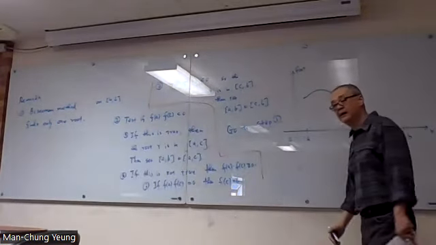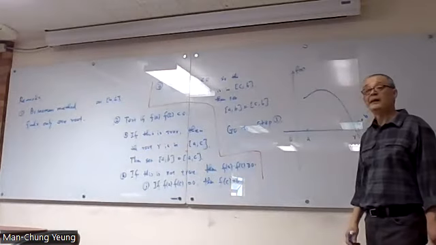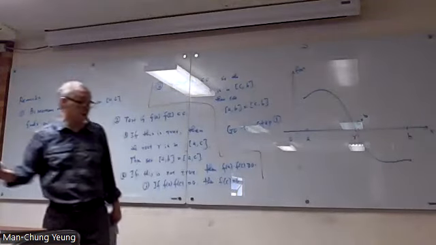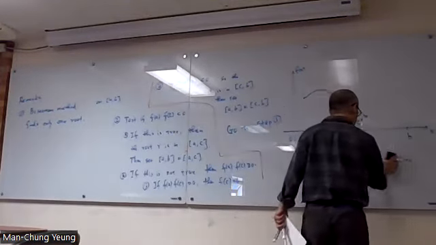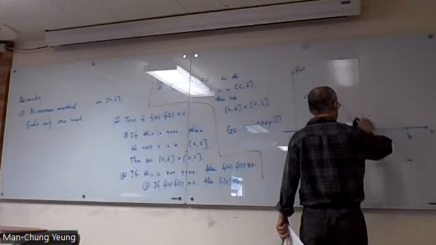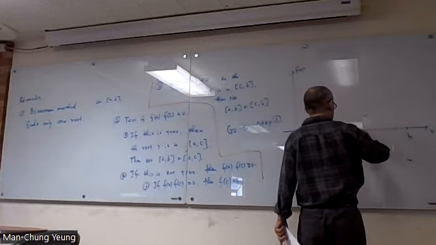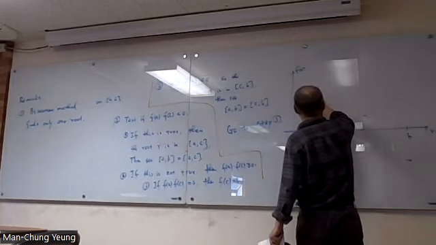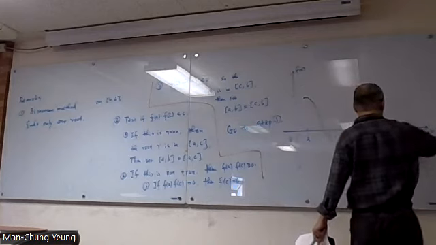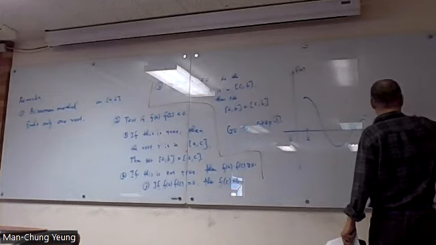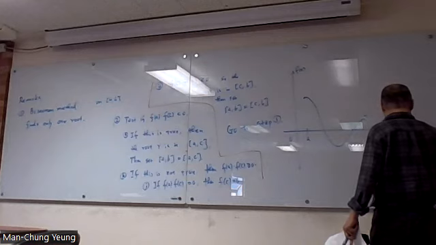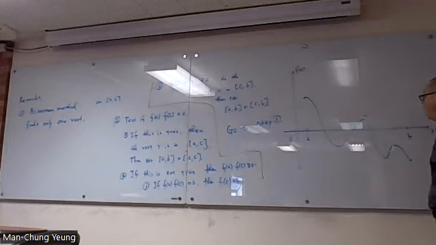Between A and B, maybe the equation has more than one root. This is a possibility. Let me draw the graph. Say we guarantee opposite signs at the endpoints.